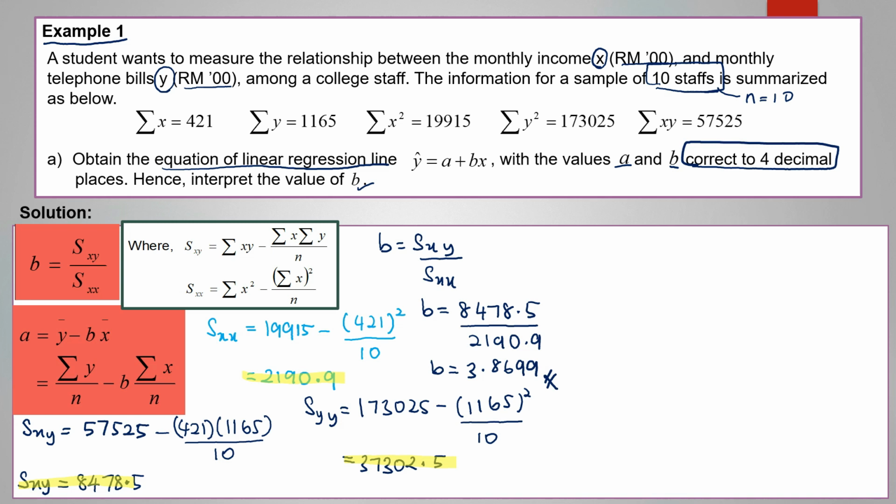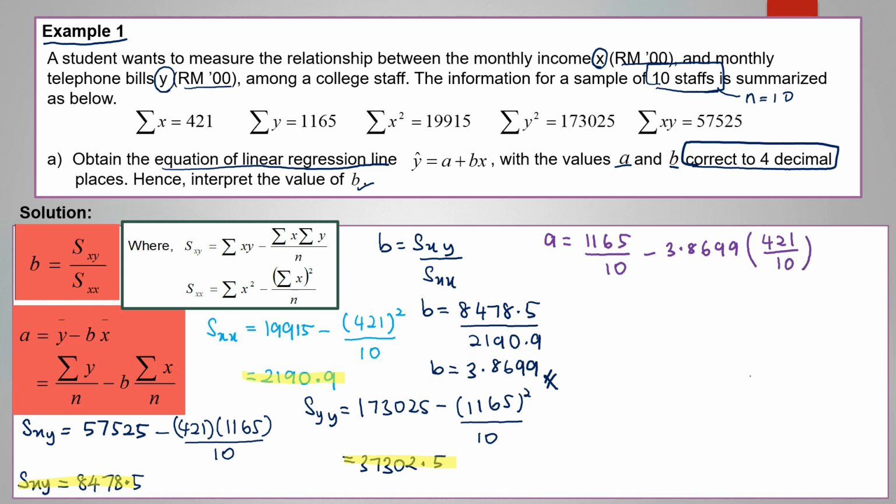And then, we need to find the value of a. a is equal to y hat, which is 1165 divided by 10, minus b, 3.8699, times 421 over 10.